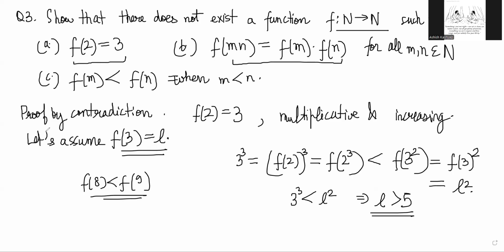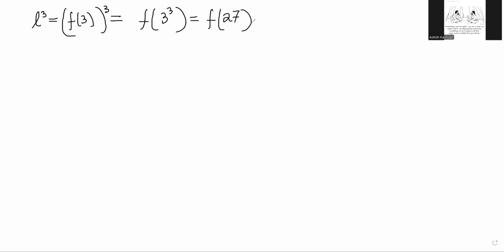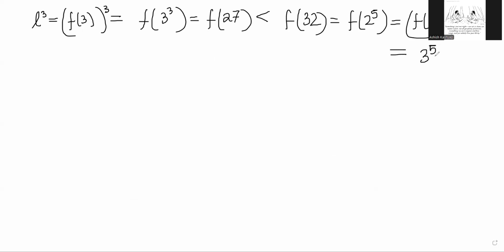Now let's go to the next screen, and we are saying similarly L cube is equal to f of 3 whole cube, which is the same thing as f of 3 cube, which is f of 27, and that is clearly less than f of 32, which is equal to f of 2 power 5, which is equal to f of 2 whole to the power 5, right? And f of 2 we said in the problem was 3, so 3 power 5, right?